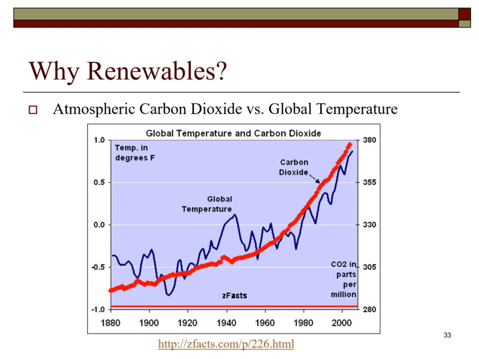In 1895, this gentleman first calculated the impact that increasing carbon dioxide could have on the Earth's temperature. Since then, scientists have further refined their understanding of the greenhouse effect and the role our rising carbon emissions are having on it.